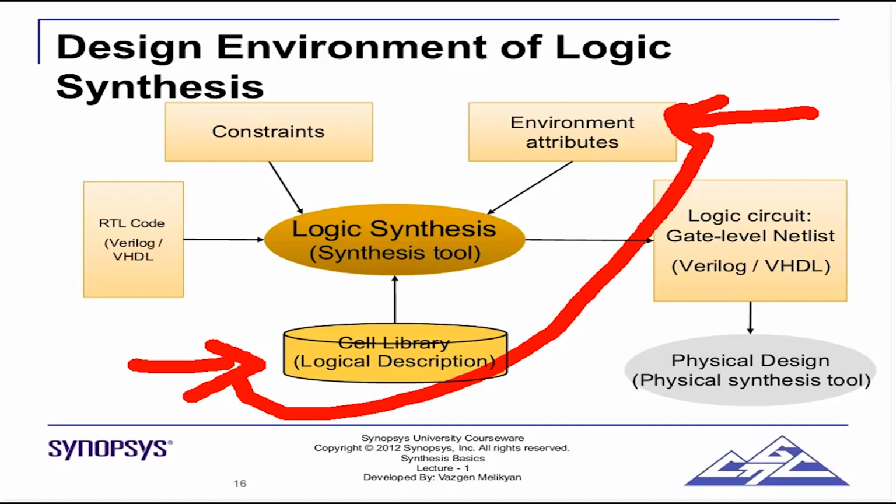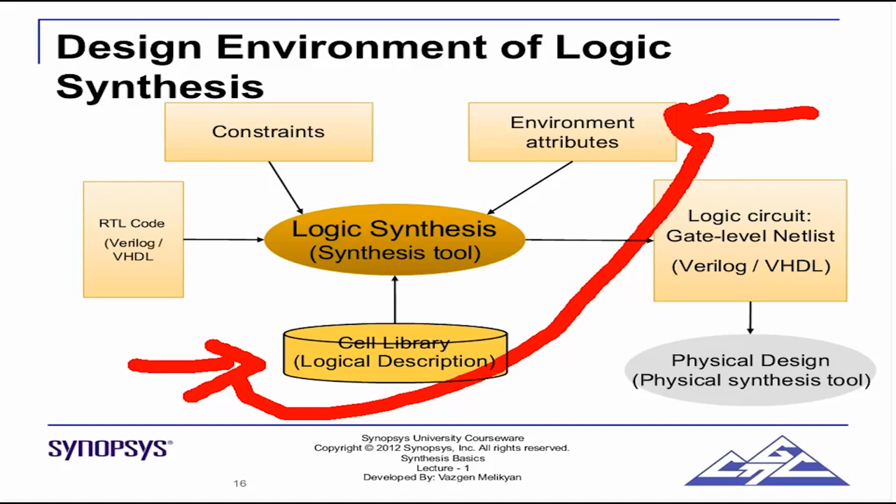The timing of a standard cell, let's say an AND gate, will change depending on the voltage, the process, and the temperature. So by fixing the environment attributes, we also fix the cell library, and in turn we provide the library information and the operating conditions to the tool.